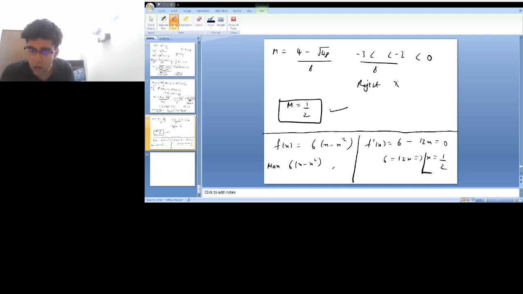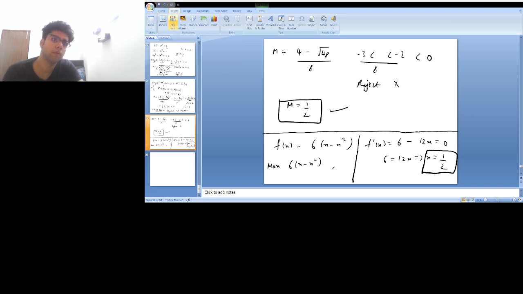Again, now we need to check if this function is a concave function or a convex function. Mainly we are finding the maximum value, so we need to check if this function is a concave function. If this function is a concave function, then we can imply that our stationary point is a global max. We need to find the global max here.